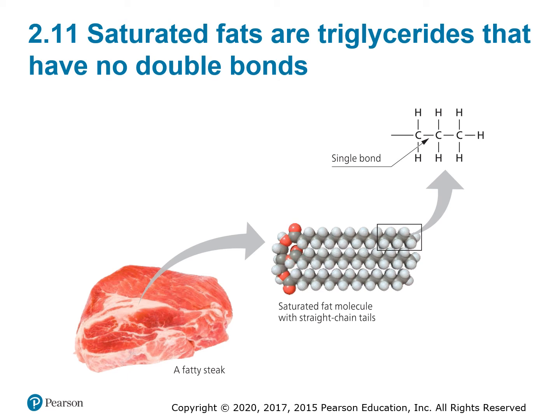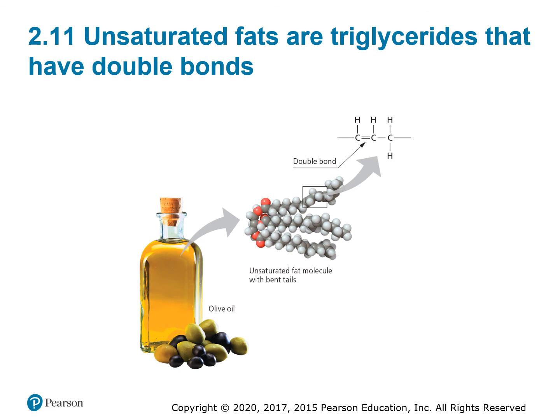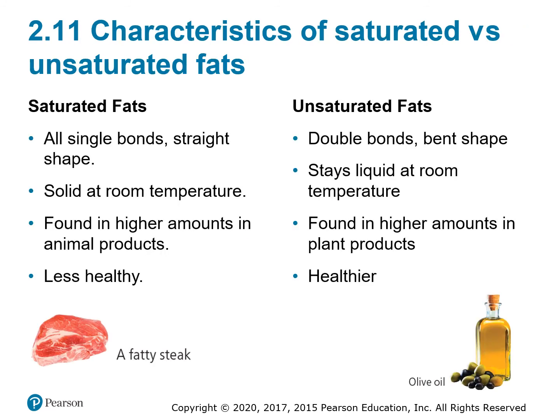So saturated fat molecules have these straight chain tails, whereas an unsaturated fat has these double bonds in here, and these are liquid at room temperature. These react differently in your body, and the recommendation is to focus more on unsaturated fats. And these are healthier and tend to be found in higher amounts in plant products.